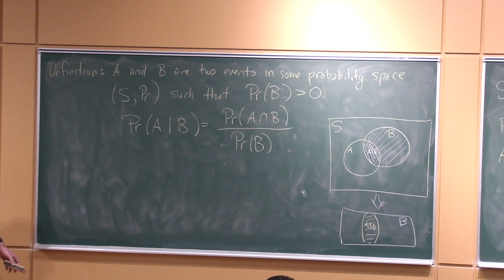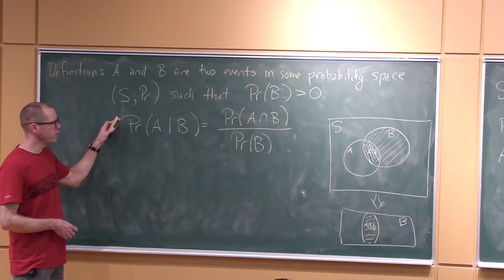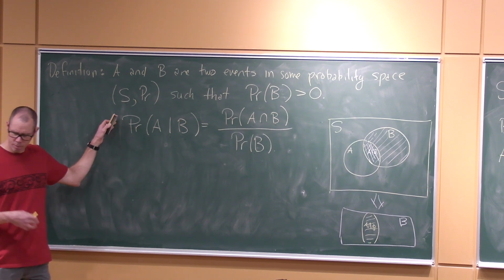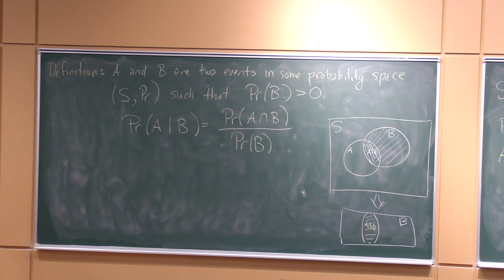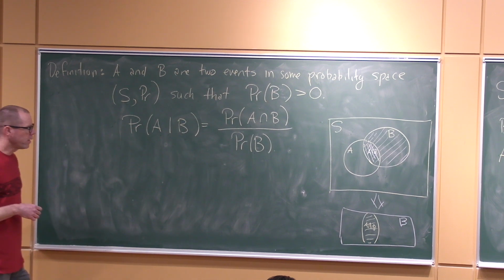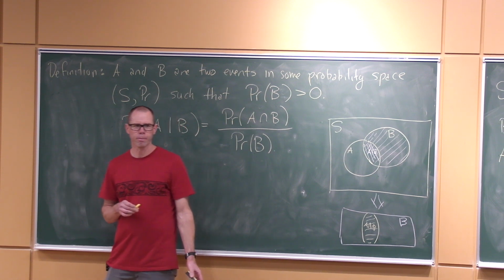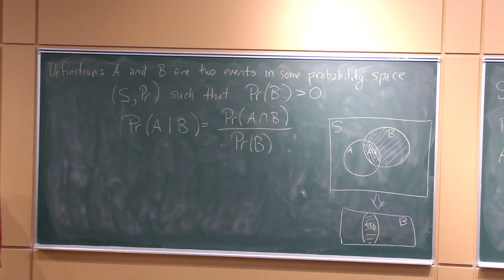Okay. This is a really useful notion, and we'll work through a few examples now, to make sure that it really behaves the way we expect it to behave. And then we'll look at least one example where it does something really surprising. But now is the time to stop me if you have any questions.